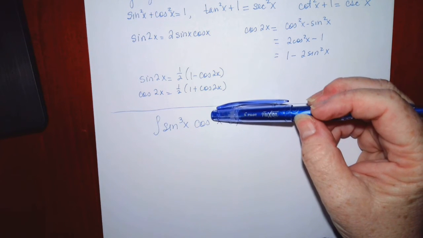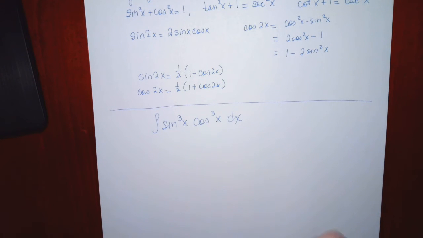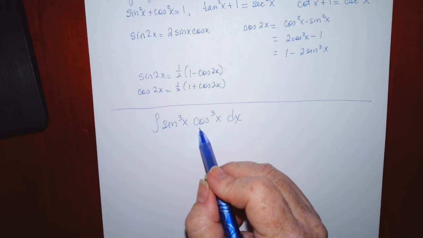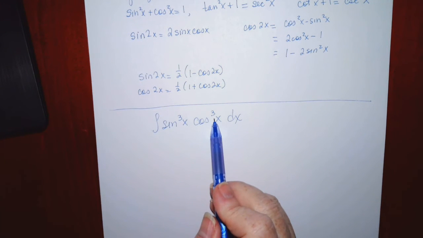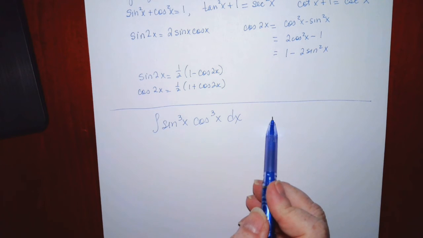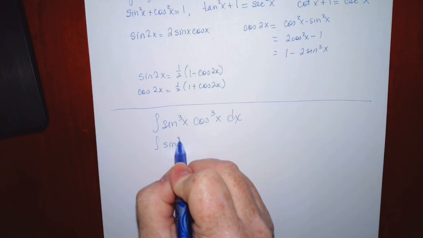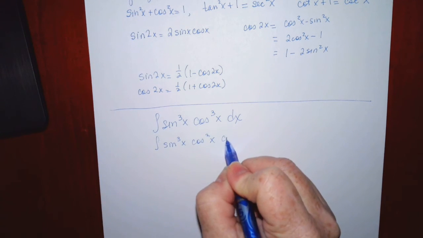If that was just a single cosine x, then we have a u cubed du. The problem is, since that's cubed now, I have an extra 2 copies of cosine x that would not be involved in my du. When that is the case, what we're going to do is say, okay, I could pull one of those cosines off and sit it there with the expectation that it will be involved in du.